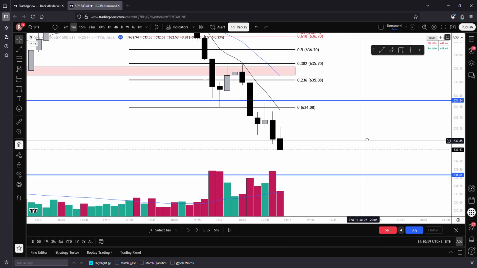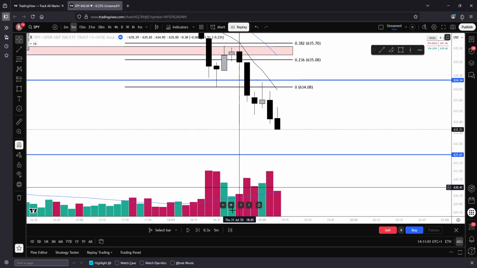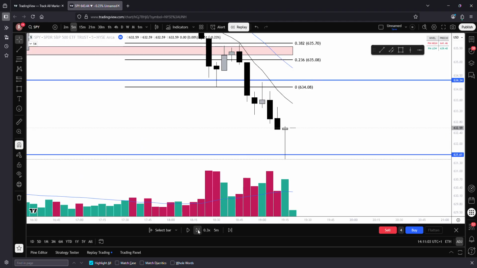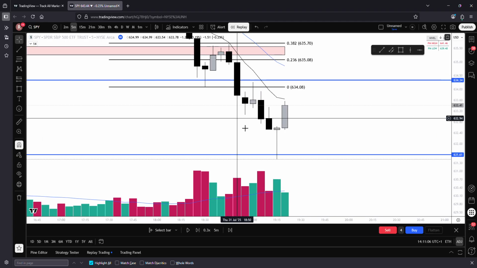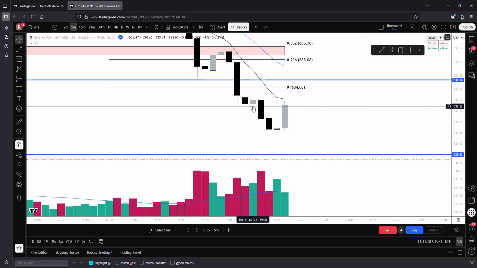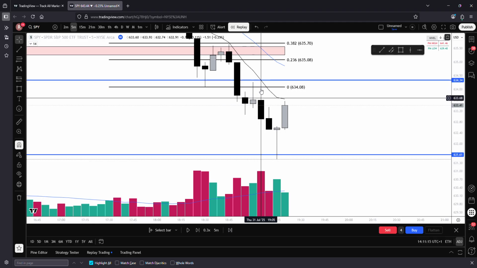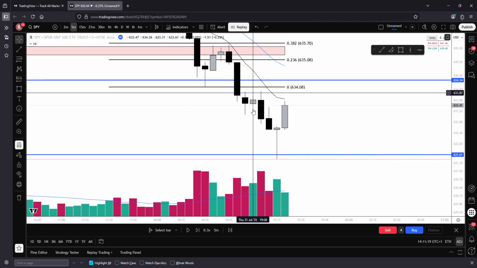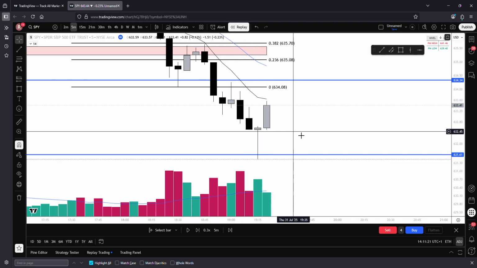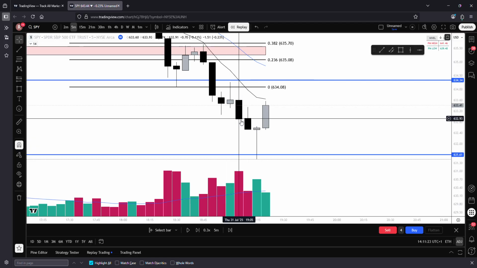Let's roll this on a little bit here, and as you can see, the trend just continues on. Inverted hammer here on good volume, so this shows that a potential reversal is coming. Doesn't have to, but it shows you that there's possibly a reversal coming.